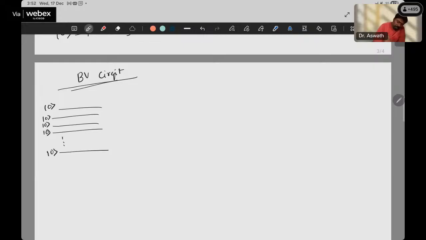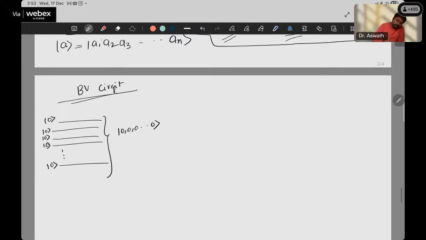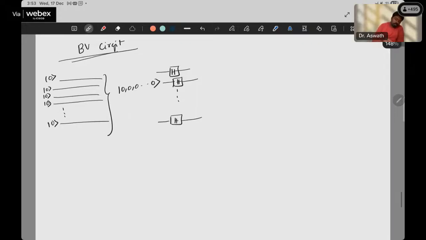How many? Depending on the string length. All of them are 0, n zeros, and there is a Hadamard acting on each one of them. So this is written as |0⟩ tensor n, and these are written as n Hadamards acting on them.